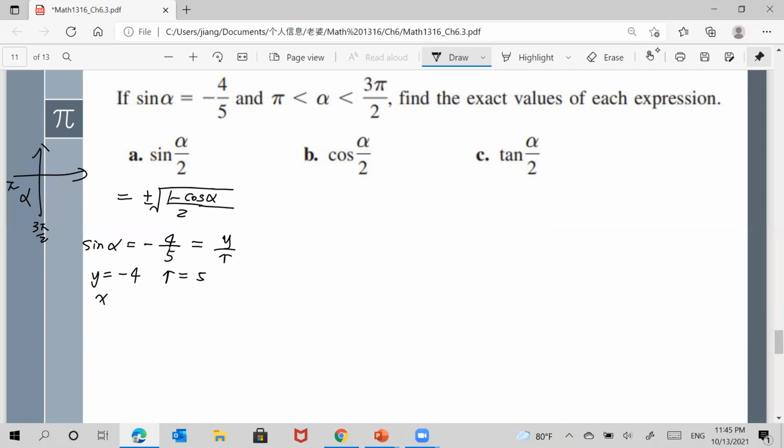Can we find x? X equals square root of r squared minus y squared. That's 5 squared minus negative 4 squared. That's 9. So square root of 9 is 3. It's positive or negative in the third quadrant?